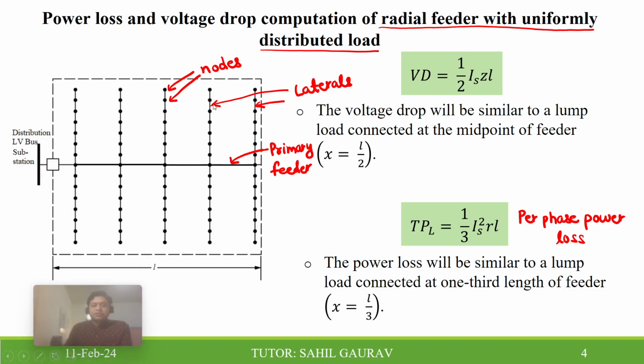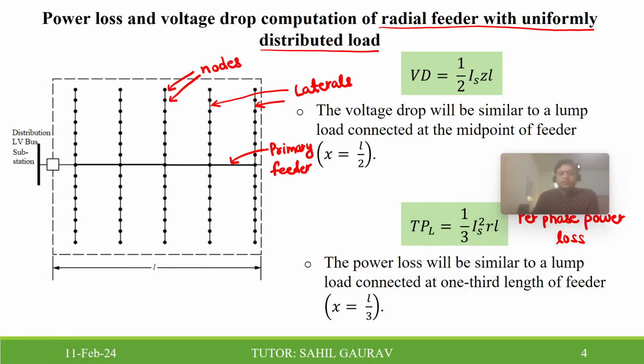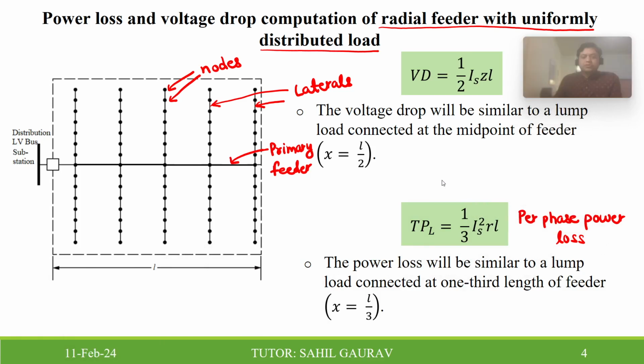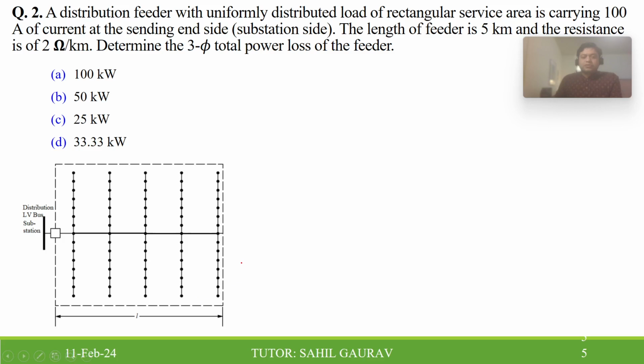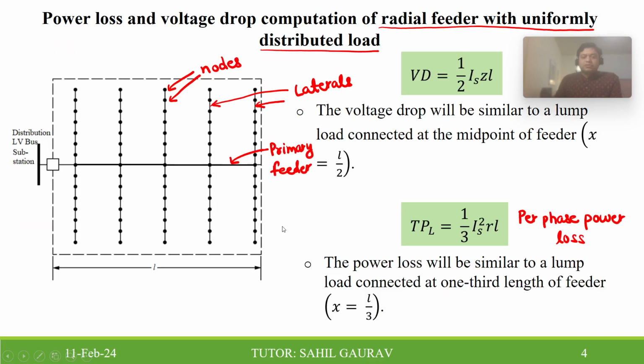This is very important: if they are asking about a uniformly distributed load, then if they are telling about the voltage drop, just assume one load concentrated at X equal to L by 2, and if they are telling about the total power loss, then you can assume that a lump load is connected at one third length of the feeder.